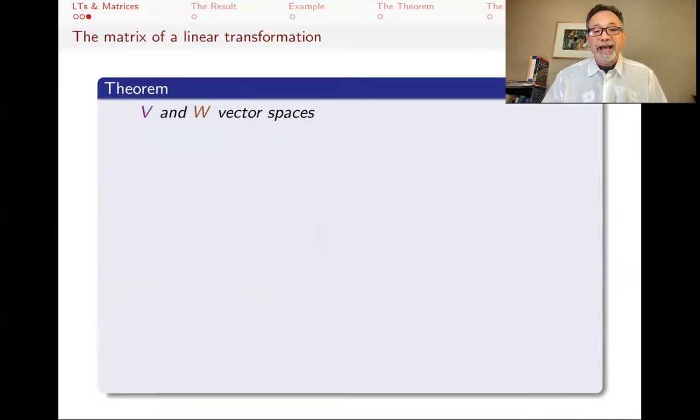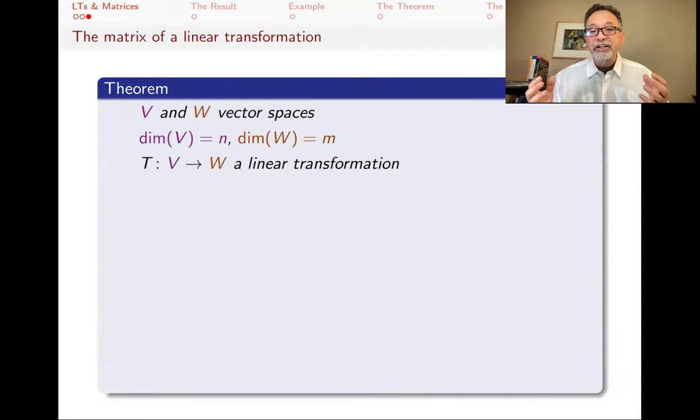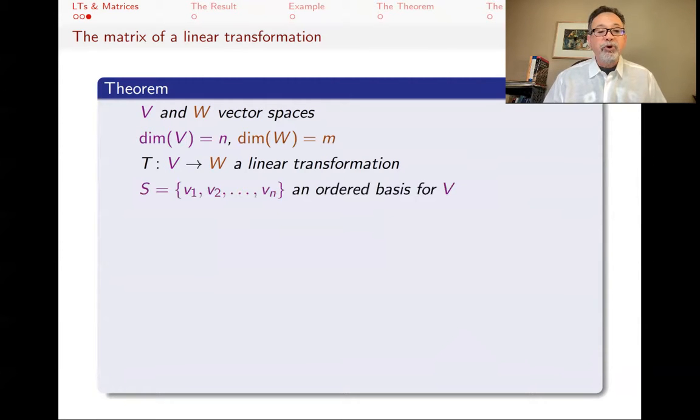But before we do that, I need to remind you exactly of how we found the matrix of a linear transformation. So you're sitting there, a linear transformation walks through the door. V and W are vector spaces, and they're finite dimensional. The dimension of V is n, the dimension of W is m, and you have this linear transformation that you're trying to understand. And so how do we go about finding a matrix for it?